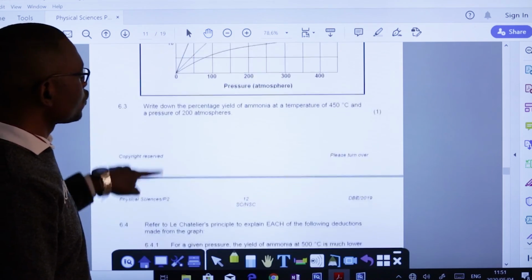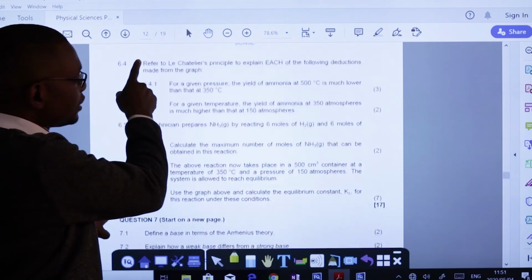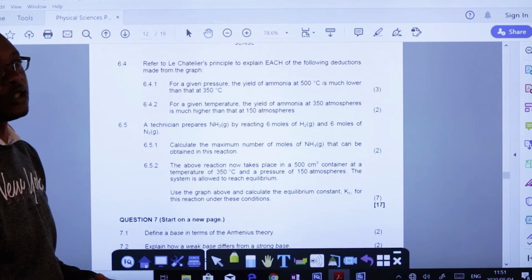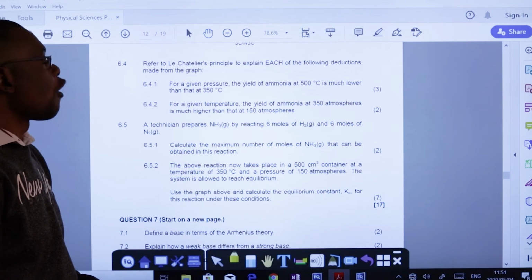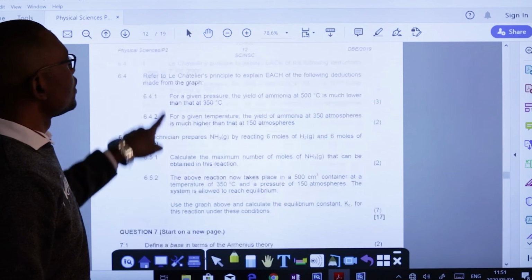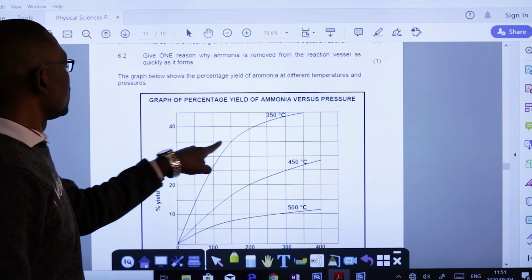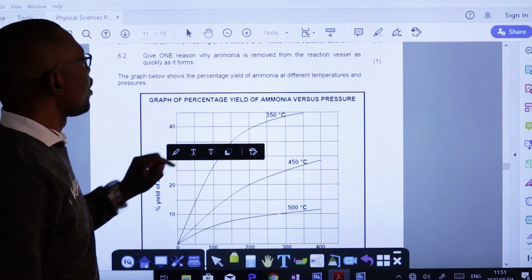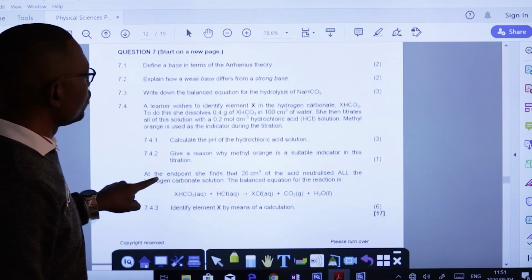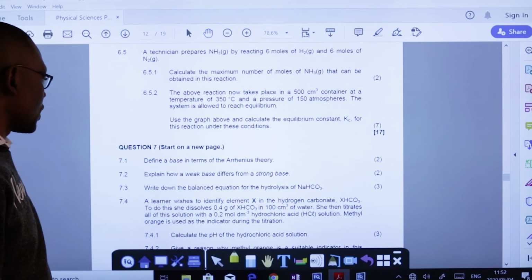And how do you determine those concentrations? By simply comparing the number of moles you are obtaining from that deduction to the volume you have there, because concentration is equal to number of moles over volume. So you are given the volume, and you are going to use your deduction of the percentage yield to determine the number of moles of ammonia you are going to produce, and then you express that in terms of the equilibrium expression, and you determine your Kc.